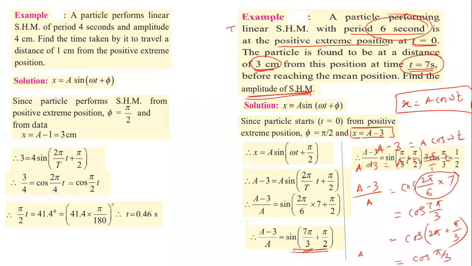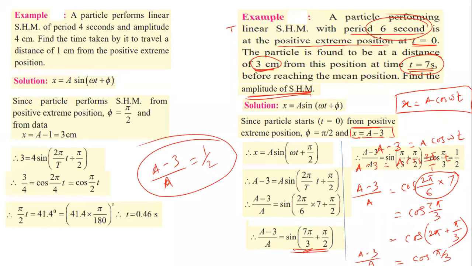So a minus 3 divided by a is cos pi by 3. Cos pi by 3 means cos 60, and cos 60 is 1 by 2. So a minus 3 by a is equal to 1 by 2. After doing the cross multiplication, you will get the answer.